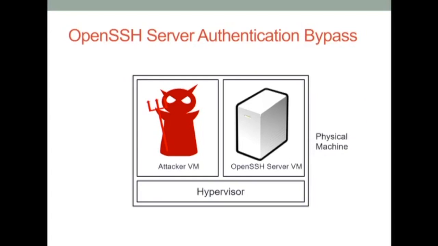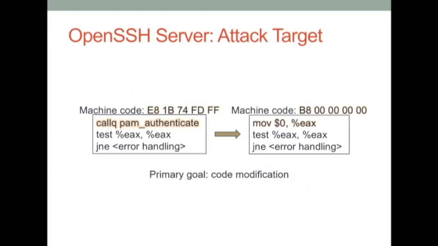In this example, we show that the attacker can use the Rowhammer attacks to compromise the OpenSSH server. The OpenSSH server will use the PAM-based authentication method, so it's basically password authentication. The figure on the left shows the original assembly code.